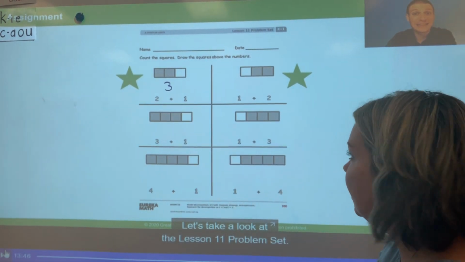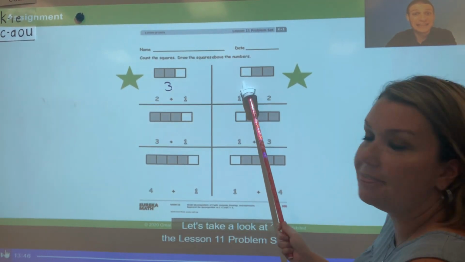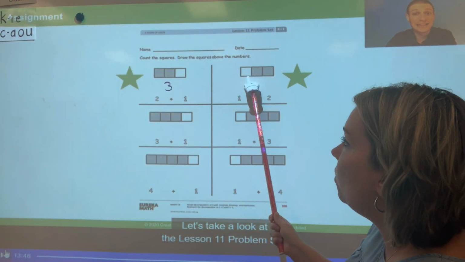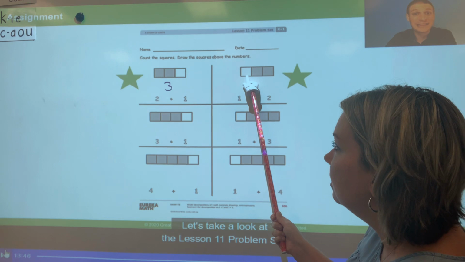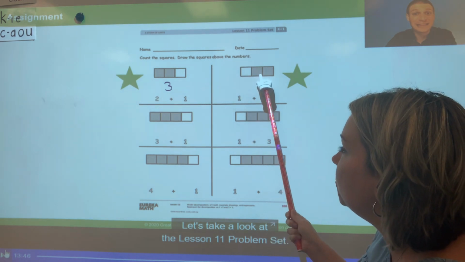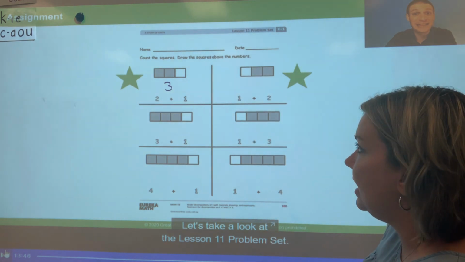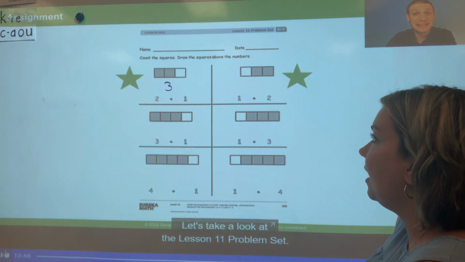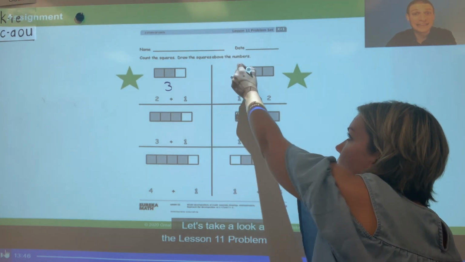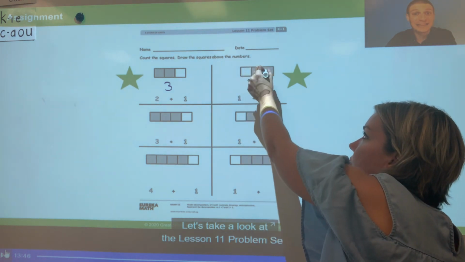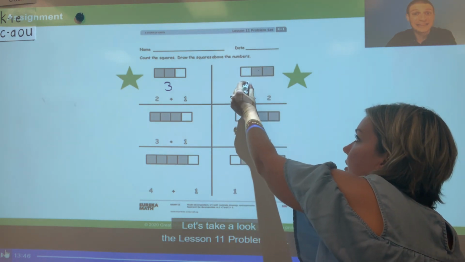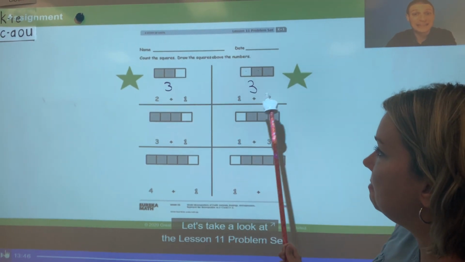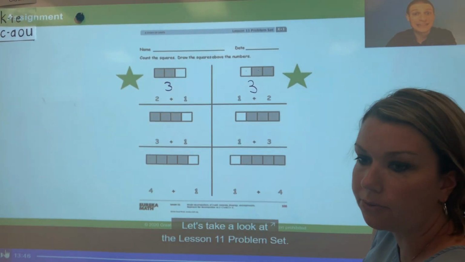But look, my hidden partner is a little bit different this time. My hidden partner shows 1 white plus 2 gray. So we have the 1 white and the 2 gray. There are 3. 1 plus 2 makes 3.